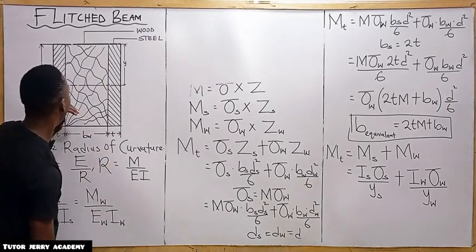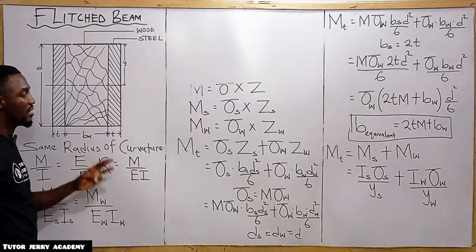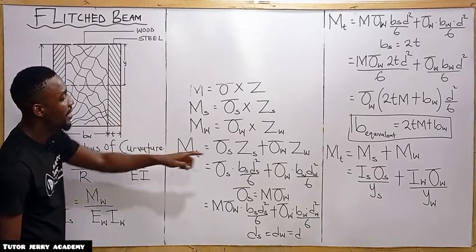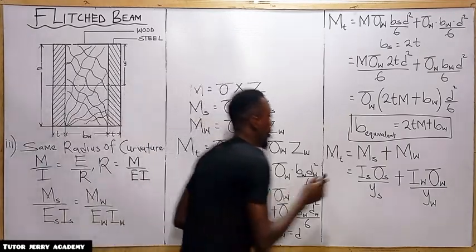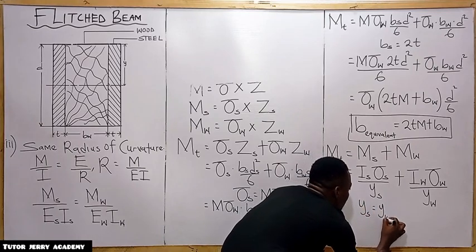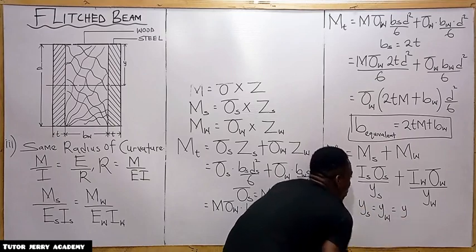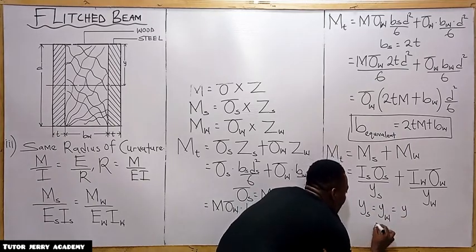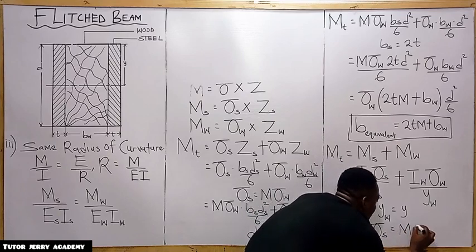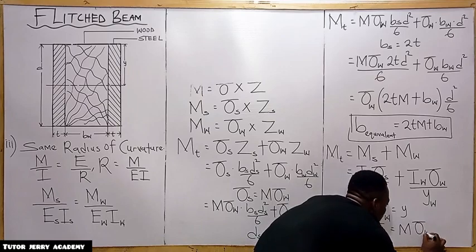And this is the same for both the steel and the wood. So you can see that y subscript s is equal to y subscript w. Everything is equal to y. And you're also going to note that our stress of the steel is equal to modular ratio multiplied by stress of wood.